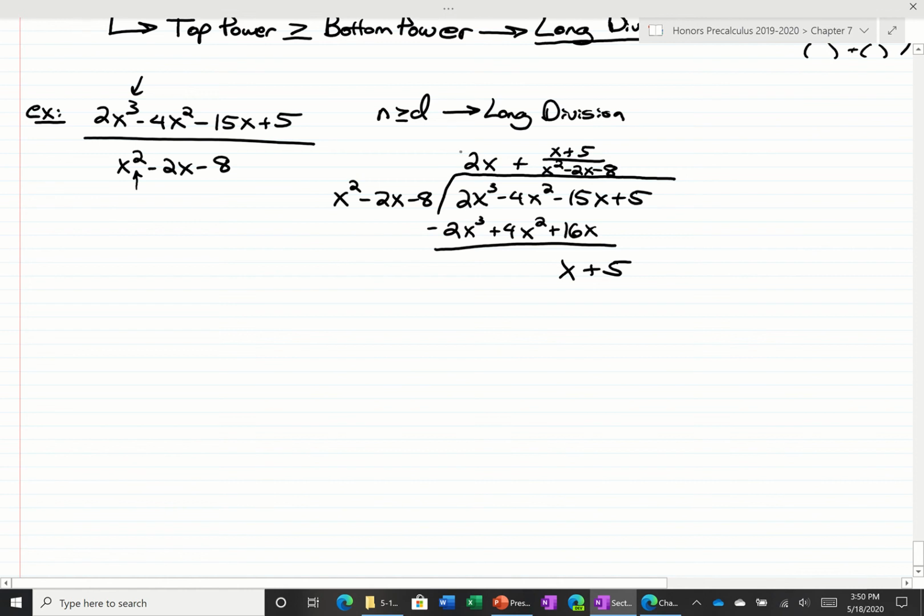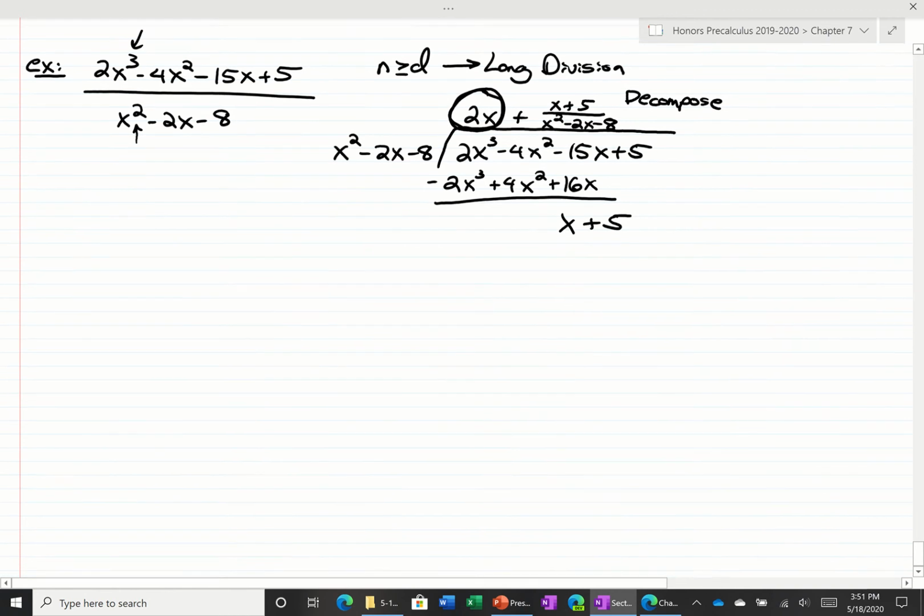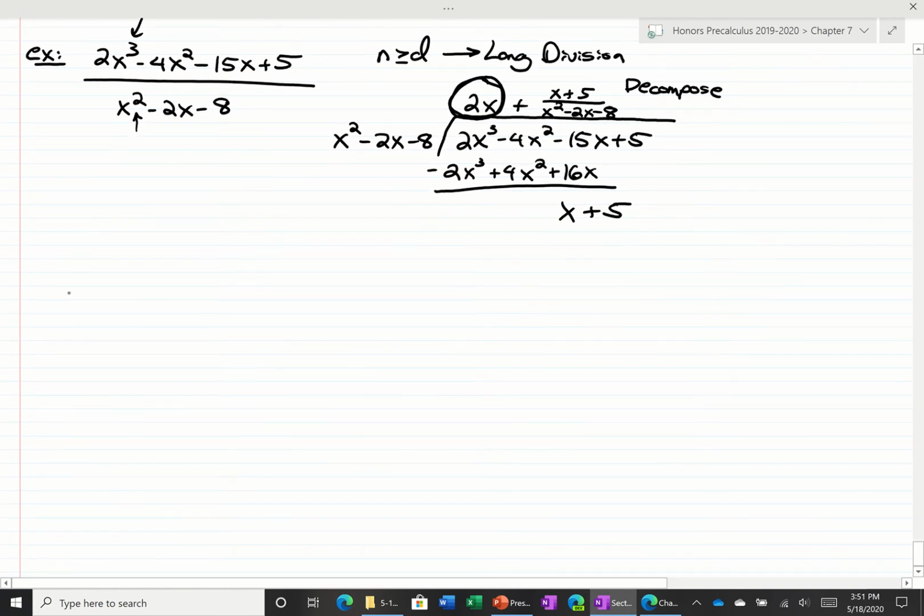So our answer is going to have 2x in it, the whole part, but we have to decompose the remainder part. And that'll be pretty easy. It's not as involved as yesterday. So let me show you what that looks like. The remainder is x plus 5 over x minus 4 times x plus 2.